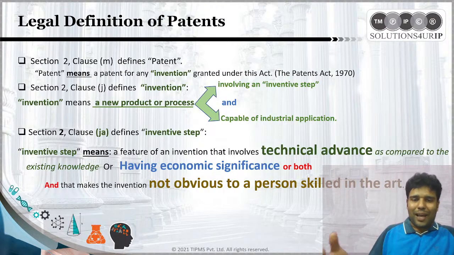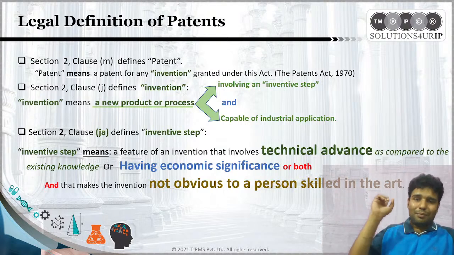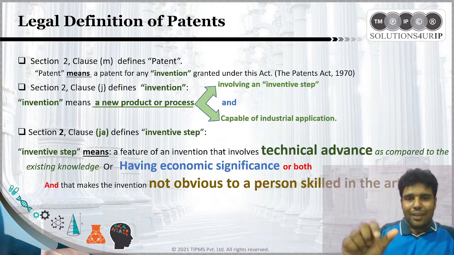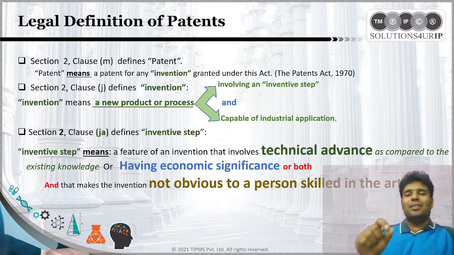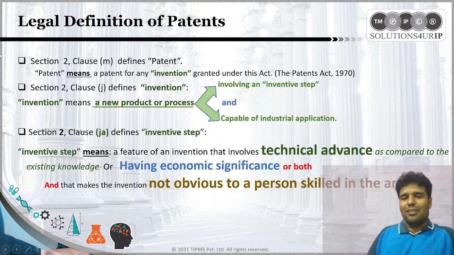You should say patent means, because in the Act it is said like that, and it is a legal definition under the Act, which itself is the syllabus of your exam. So you should write: patent means a patent for any invention granted under this Act. And what is this Act? The Patents Act 1970. This will take you to 5 out of 5.